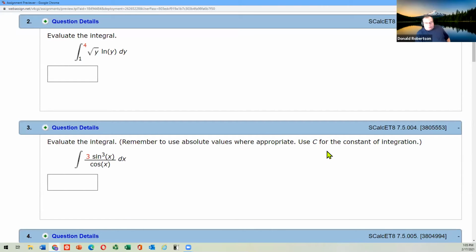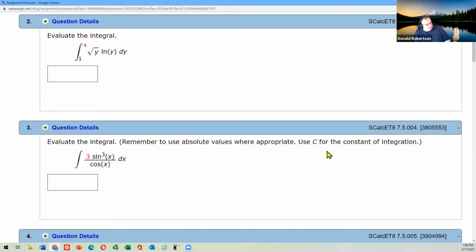In question 2, what method will you use? Anybody? Does it seem like integration by parts? It is. What made you think that? I saw two functions and it just seemed like the more logical path.